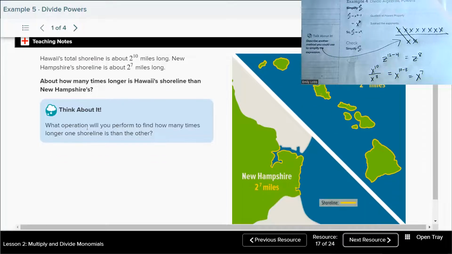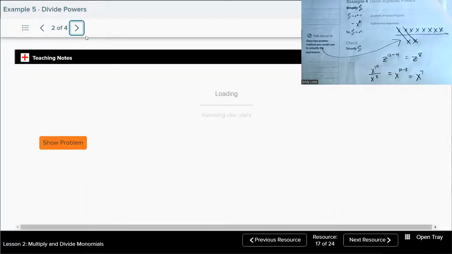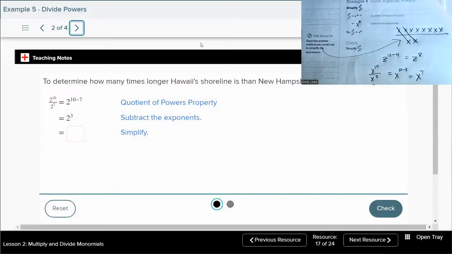Okay, so we're going to perform division and we're going to use our quotient of powers rule. So it's going to take us step by step through here. Well, 2 steps. So they wrote out the problem. 2 to the 10th power divided by 2 to the 7th power is equal to 2 to the 10 minus 7. So then we need to fill in that part.